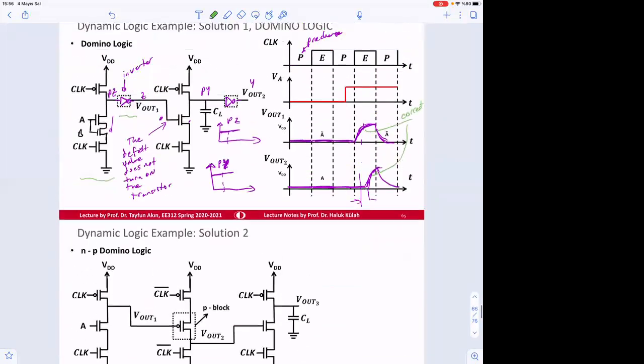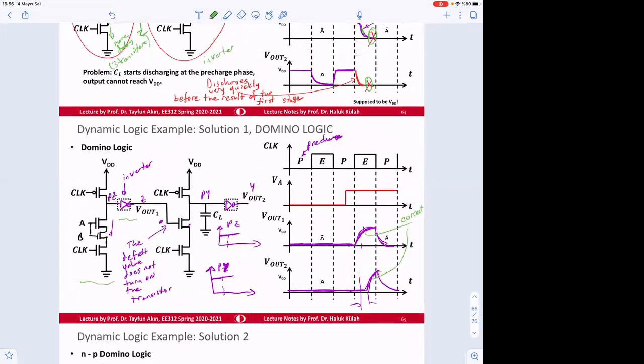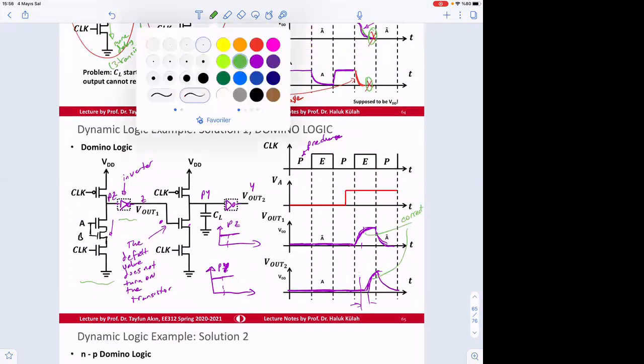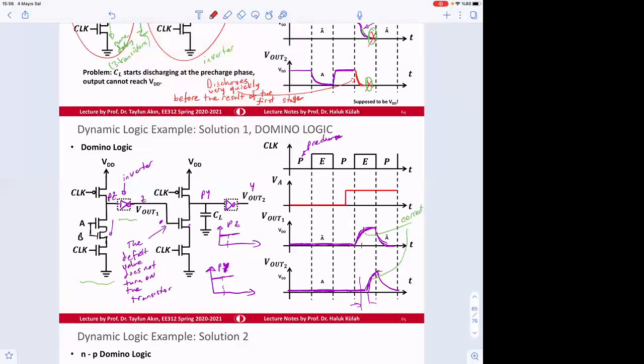But we don't like this so much because non-inverted outputs are not possible. So we don't like it. Only non-inverted outputs are possible.